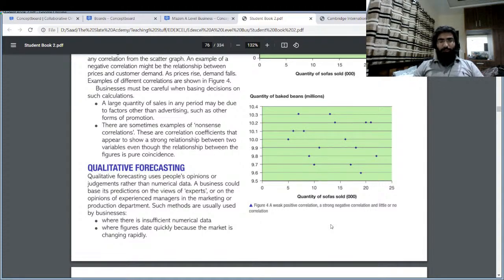Along with quantitative forecasting, we should do qualitative forecasting. Sometimes we may rely on it when we do not have enough numerical data. Otherwise it could be just to add value to your quantitative forecasting.